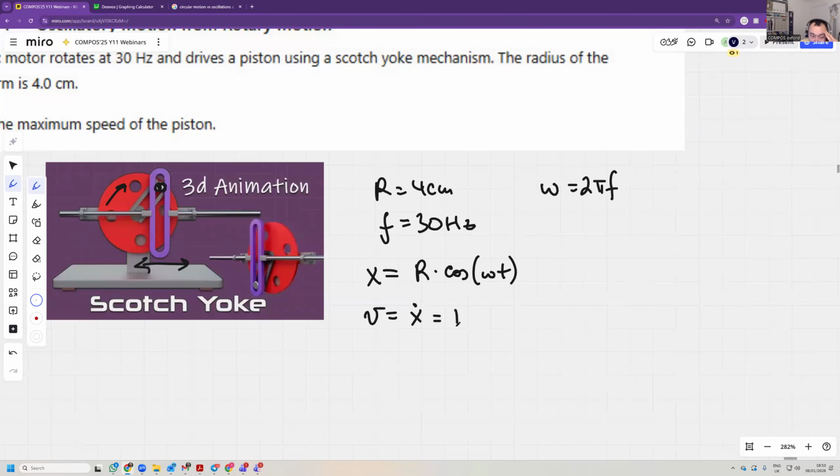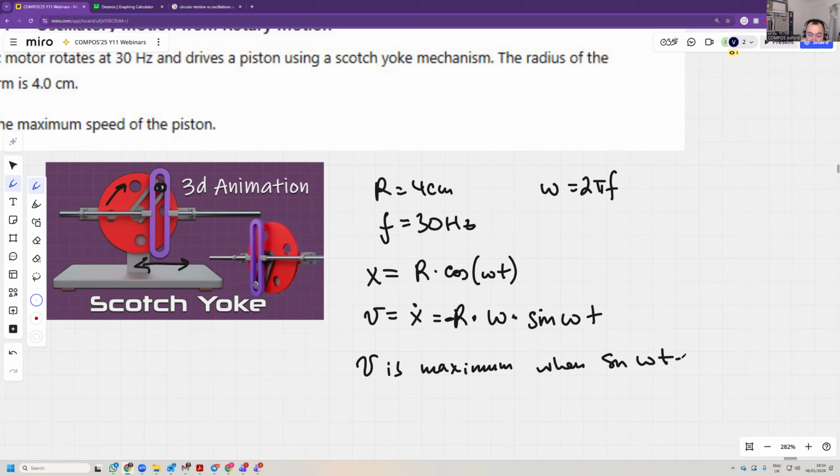So that's equal to r multiplied by omega multiplied by sine omega t, with a minus. So V is maximum when sine omega t is -1, because it's a minus. So V max, as you can see, is r times omega.